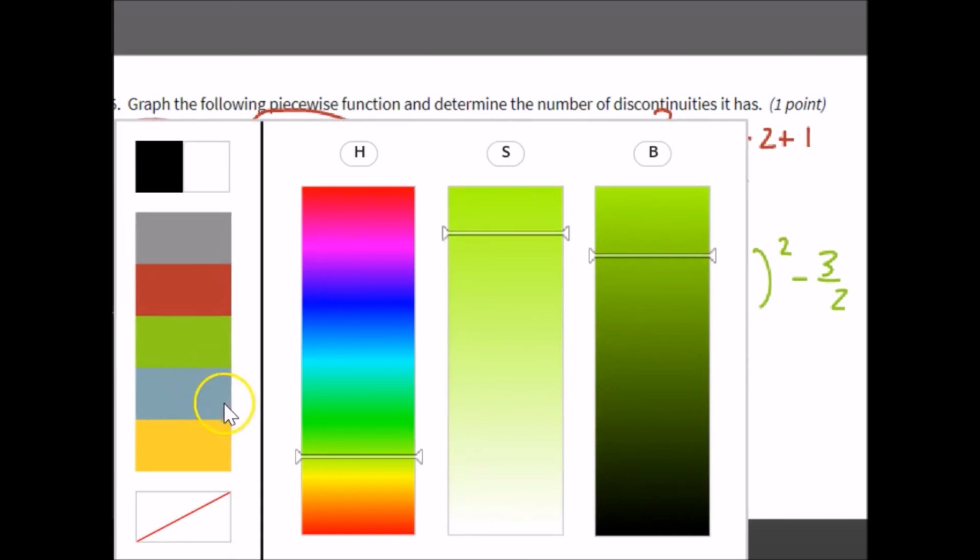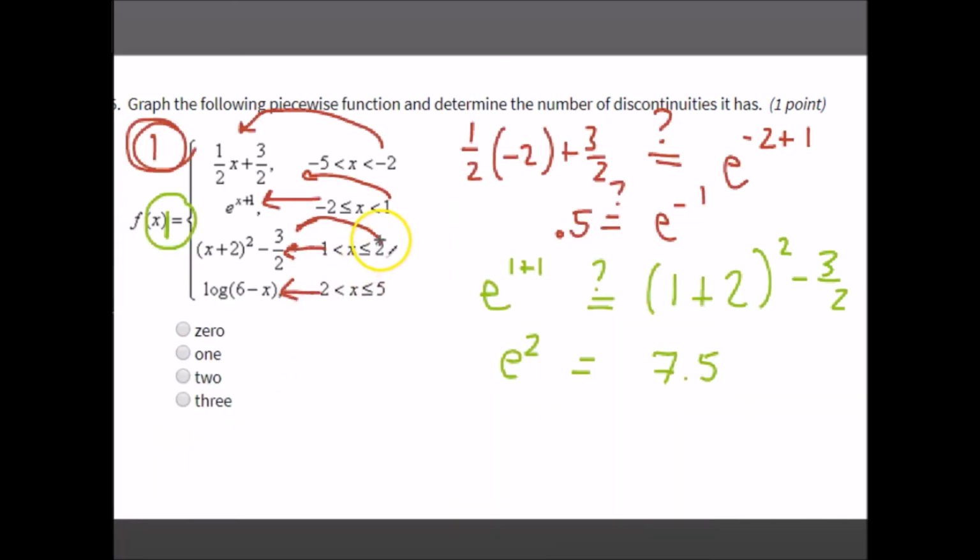Change color again. We're going to put 2 in that piece. So we've got 2 plus 2 squared minus 3/2. We're trying to see if that equals 2 plugged into the other one. So log base 10, that's the common log, of 6 minus 2.